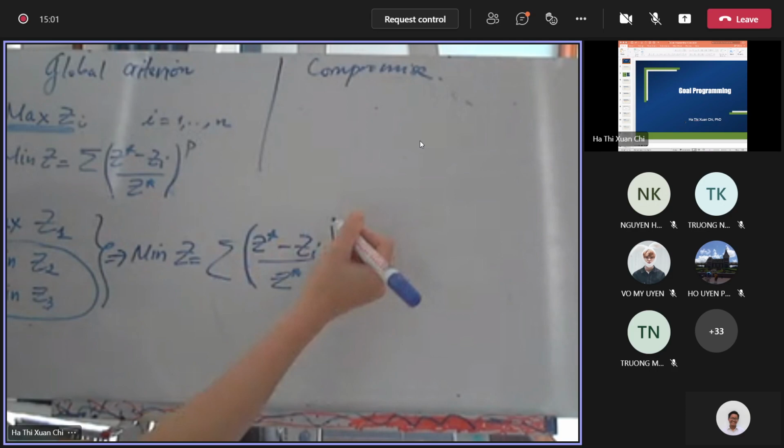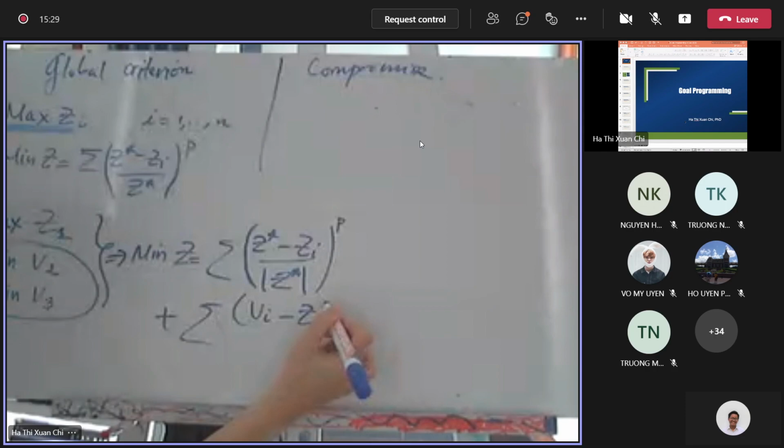Here is Z. So I can use that a V, right? Z represent for maxima. I can use V here. V for minima. Z star minus.